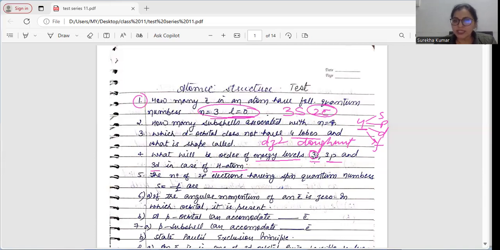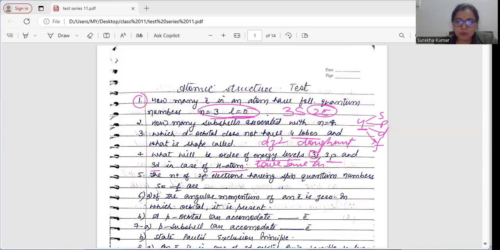So out of 3s, 3p and 3d in case of hydrogen atom, all of these are having the same energy because all of these are having the same value of n. In hydrogen atom, energy is decided on the basis of only principal quantum number. So answer is all of these have the same energy.